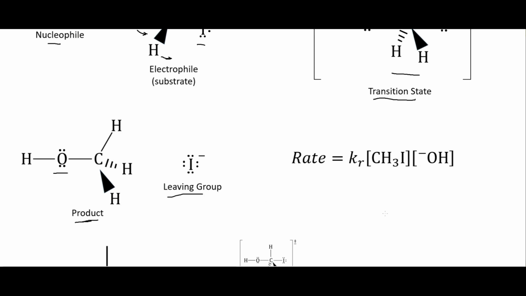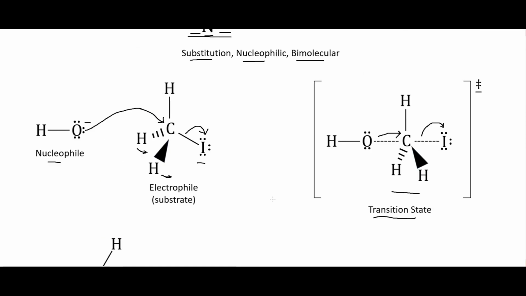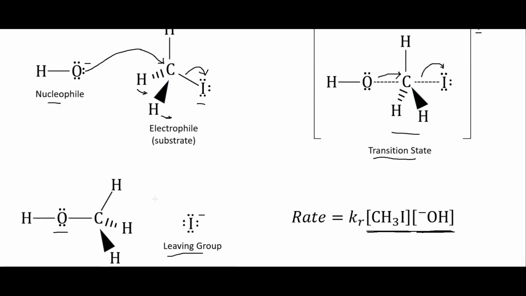The reason this is called bimolecular is because the rate is dependent on both the substrate, which is this right here, and the nucleophile, which in this case was this hydroxide ion. The rate is dependent on the concentrations of both of those. So it's bimolecular because the rate is dependent on both of them rather than just one.